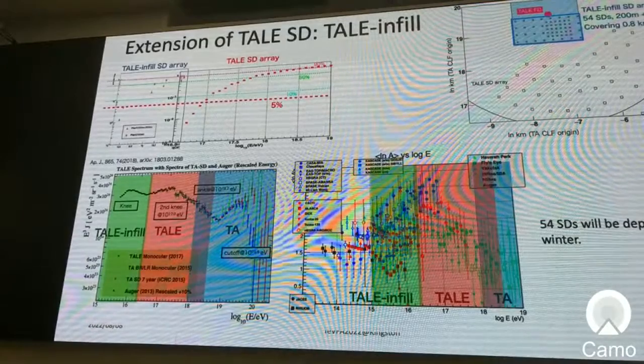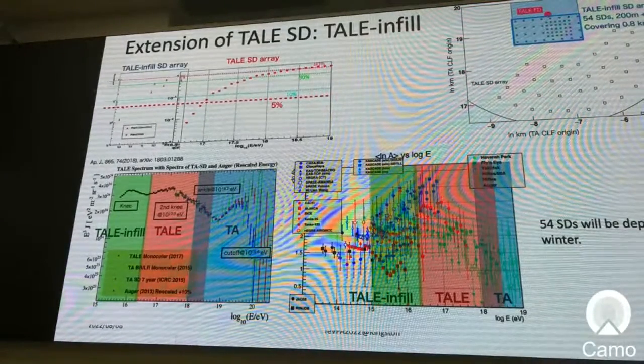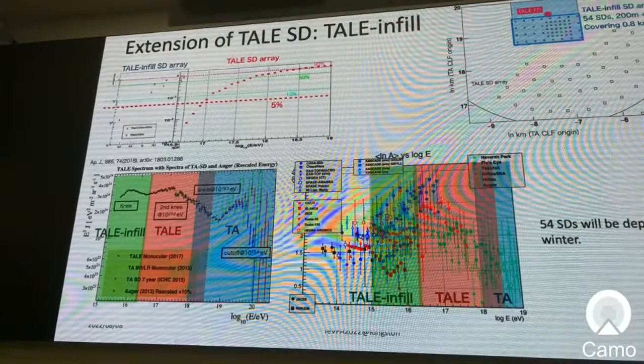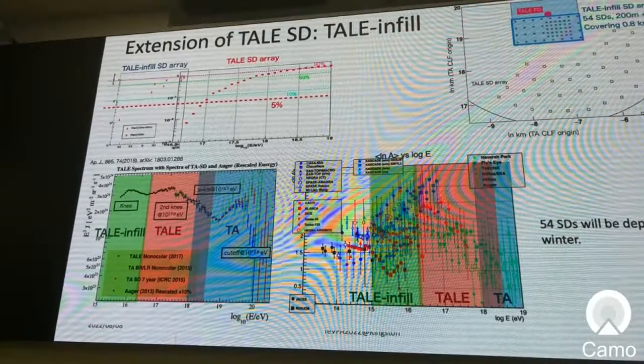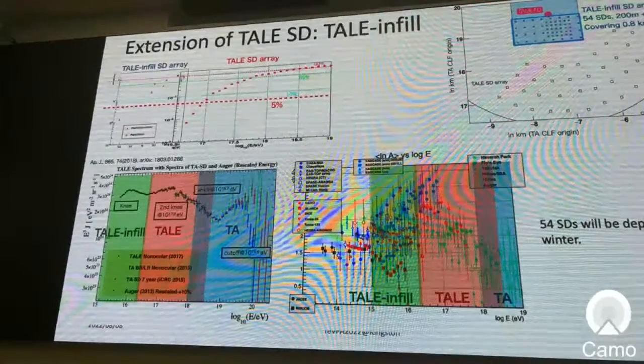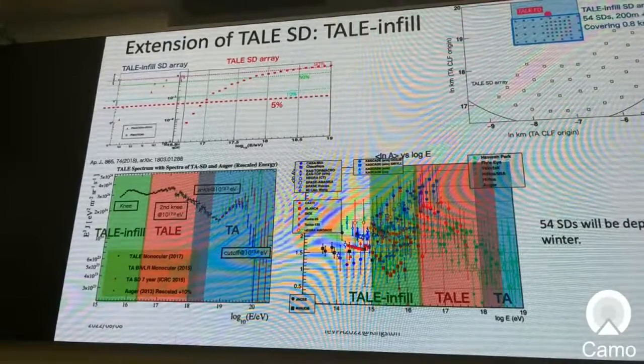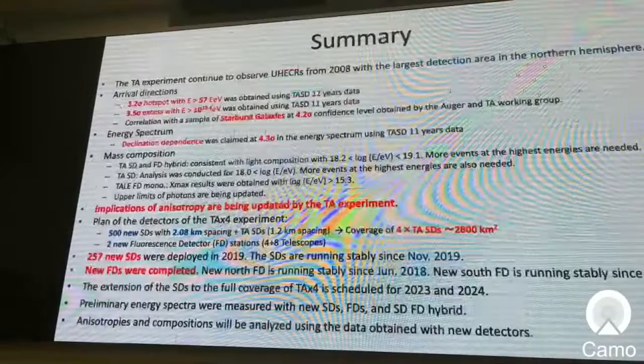Then also for even lower energies, an update is planned, and an even more dense SD array is planned close to the TALE FD, and these 54 SDs will be deployed this winter.